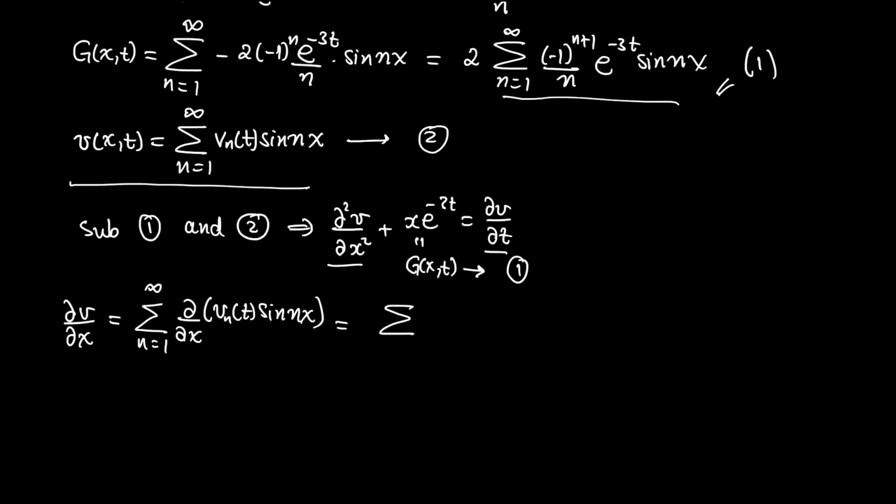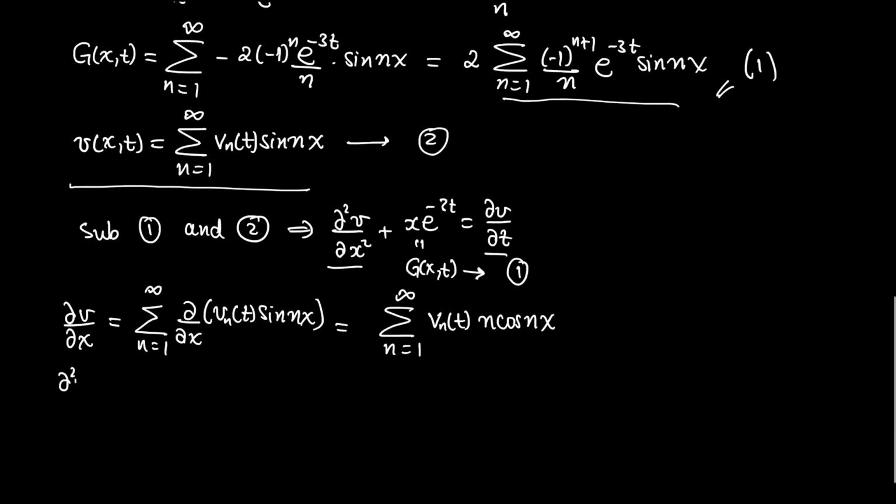So I have summation from 1 to infinity of v_n n cos(nx). Now for the second derivative, again I have minus v_n n squared sin(nx), like that.